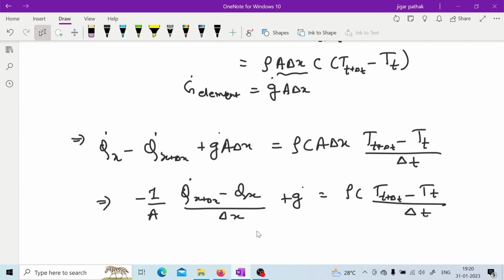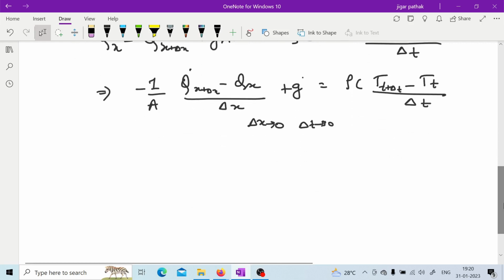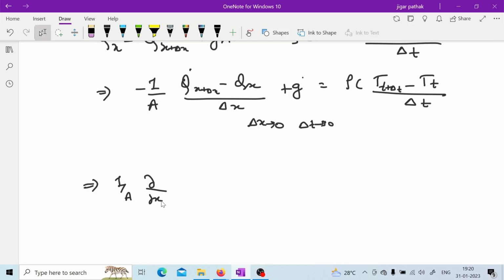Now if you consider the limit delta x tends to 0 and delta t tends to 0, then you can have it in terms of your differential equation, right? So here it is 1 upon A, del by del x of this q, the rate of heat conduction, we can equate it to minus KA dT by dx, right?